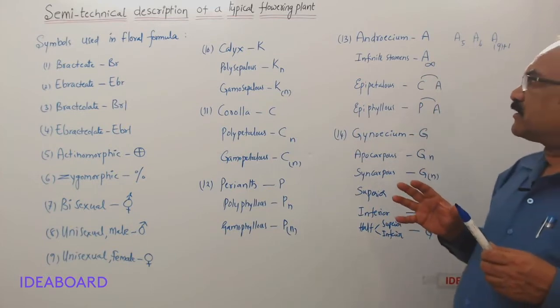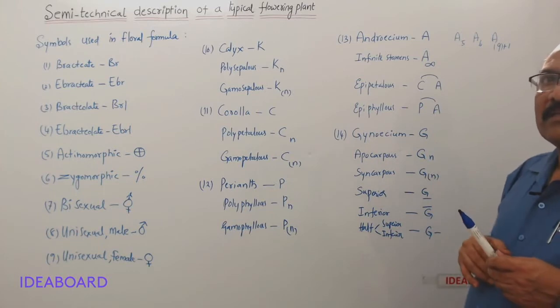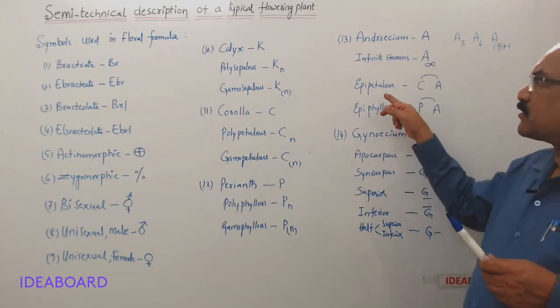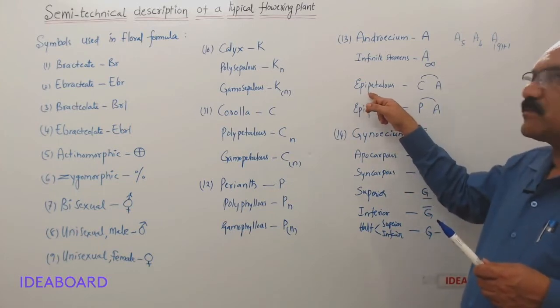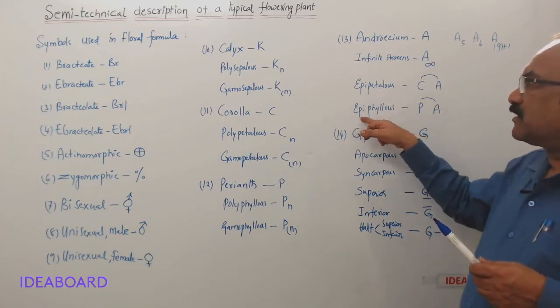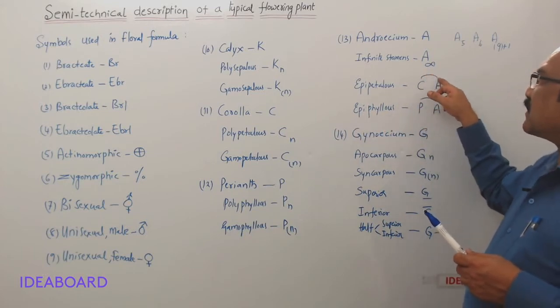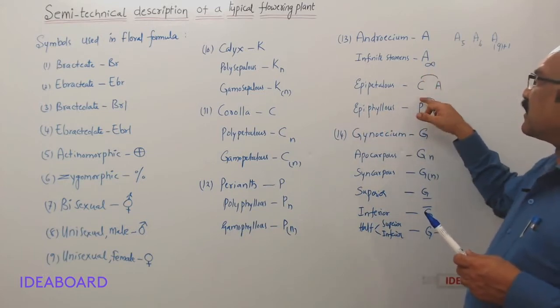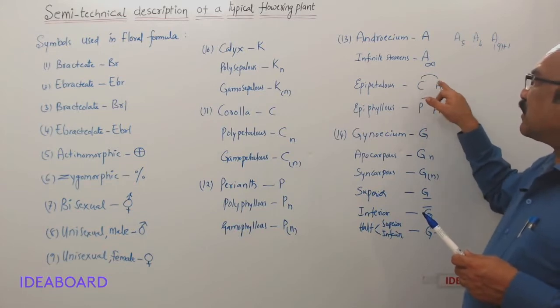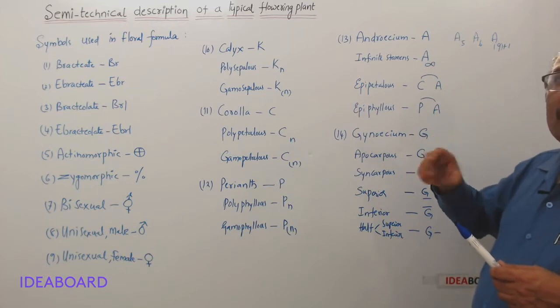Sometimes you will find that the stamens are attached to other floral parts. When the stamens are attached to petals, we call this condition epipetalous. And if stamens are attached to tepals, it is called epiphyllous condition. You see here we are using this line, attaching it between the corolla and the androecium. The line represents adhesion or adnation.